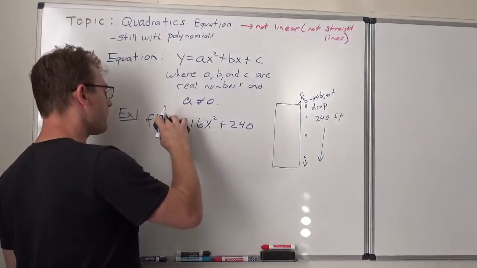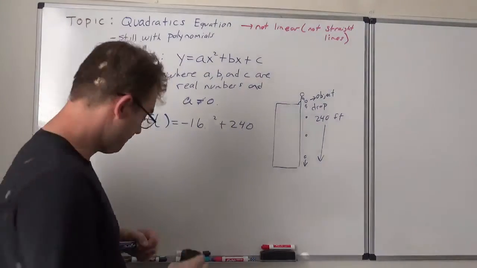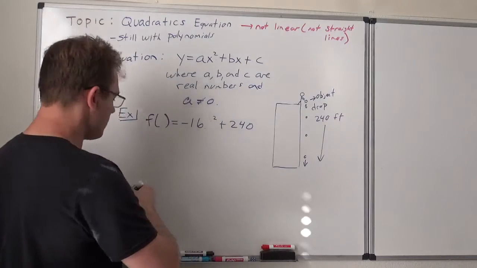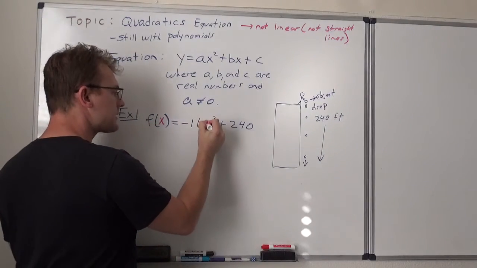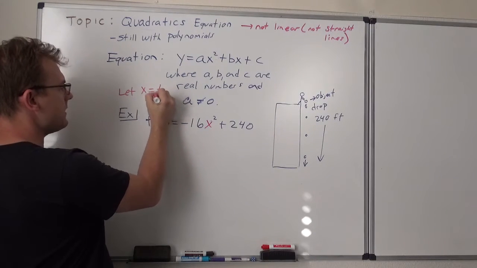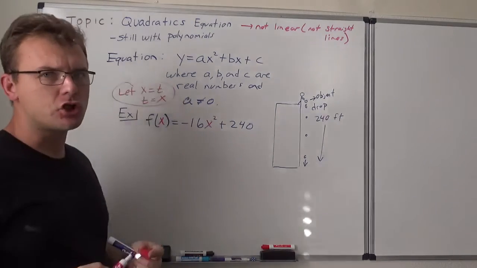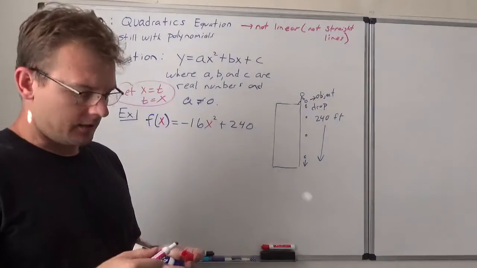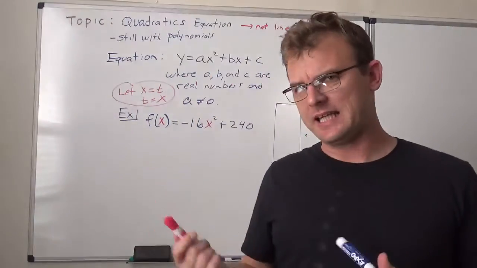But this time, x is time. So what I want us to do is make sure that x, so we're saying let x equals t, or t equals x. Just making sure we're not confusing x's with something else. It's just time, or t.